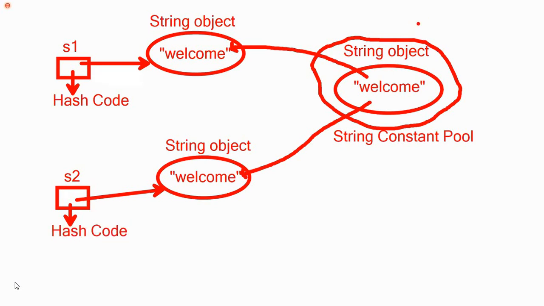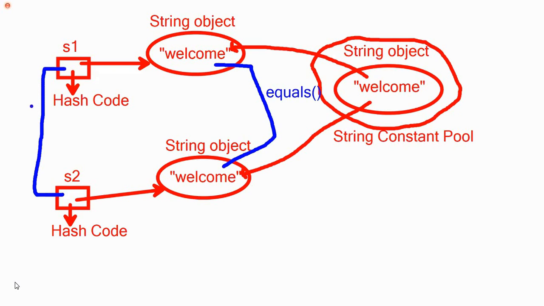Now, equals method. What it will do is, it will compare this one and this one. Is it same or different? Same. That's what true. Equals operator will compare these two. Same or different? Different.